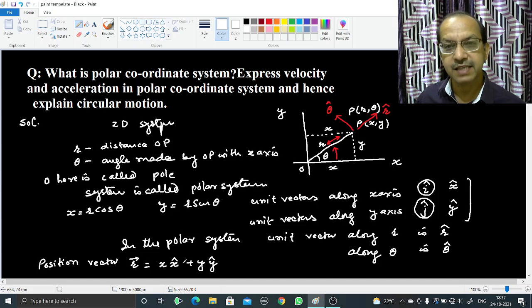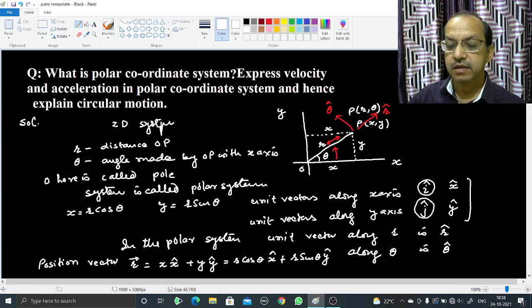You are familiar with x i cap plus y j cap, and we have replaced i cap and j cap with x cap and y cap, so it becomes x x cap plus y y cap. We want to convert it into the polar coordinate system. So it will be r cos theta x cap plus r sin theta y cap.